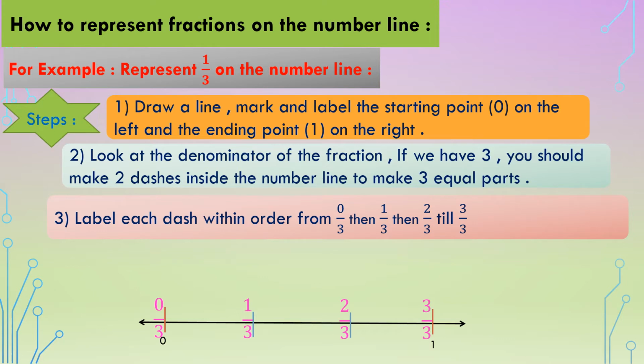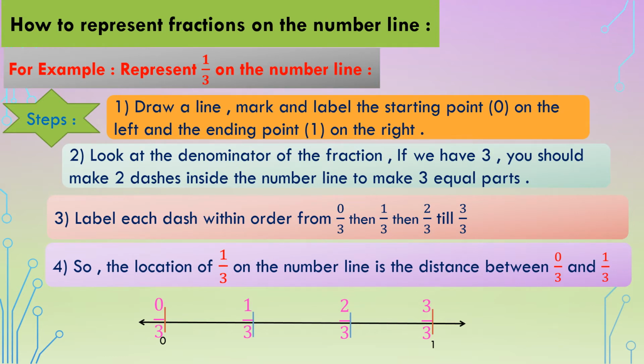So 0 over 3, after that 1 over 3, after that 2 over 3, in order till the whole fraction 3 over 3. Let's remember together, the whole fraction is a fraction whose numerator and denominator are the same, like 3 over 3, 4 over 4, 5 over 5, 6 over 6, and so on.